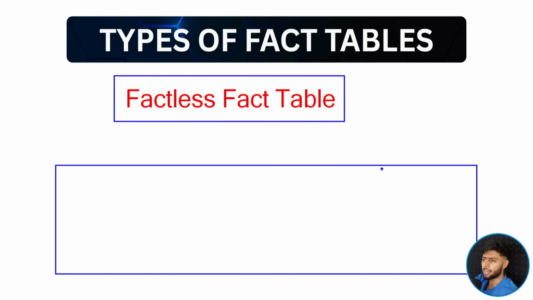You just have IDs, dates, and all the other things, except the numeric columns, which we would obviously aggregate. We call those tables factless fact tables. Make sense? So this was missing, and I thought I would share this as well.